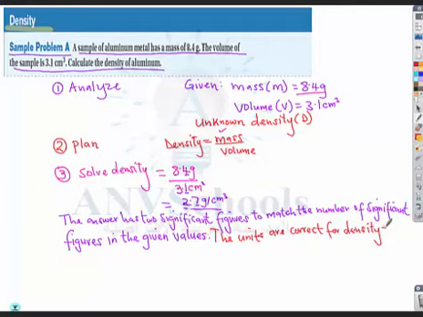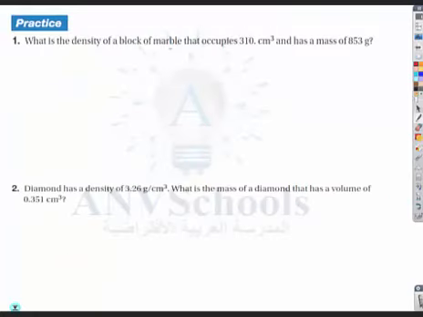So we will go now to the questions here that are meant to be practice questions. For practice, we will start with question number 1.